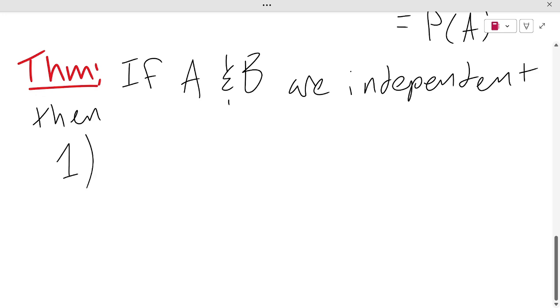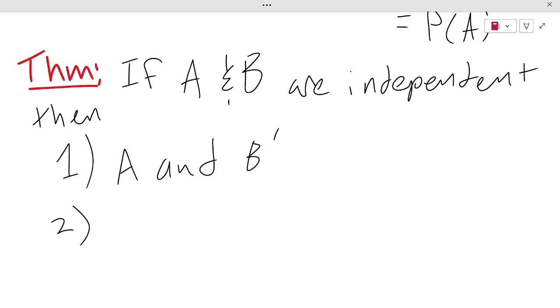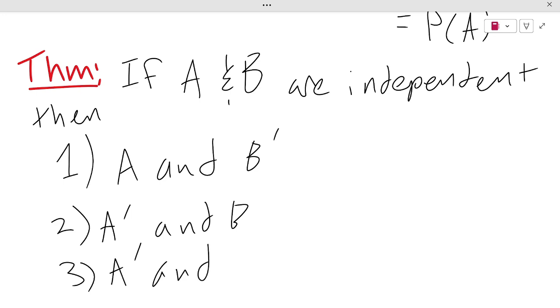The first result, A and B complement are also independent. A complement and B are independent, and A complement and B complement are also independent. Okay, so that's an interesting result.